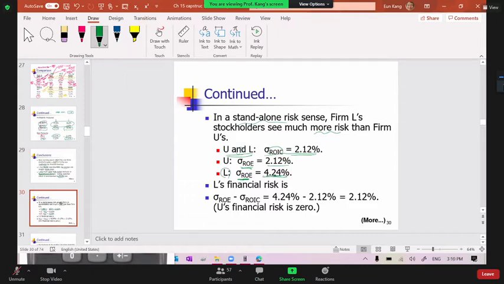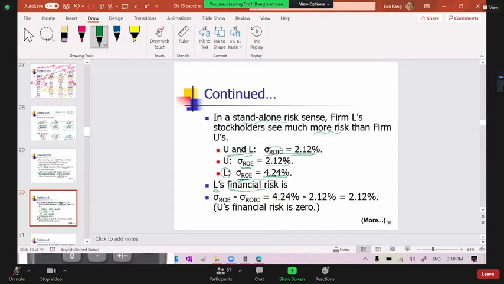So we can calculate L's financial risk. U has no financial risk because its ROE deviation is 2.12 and there is no extra risk.